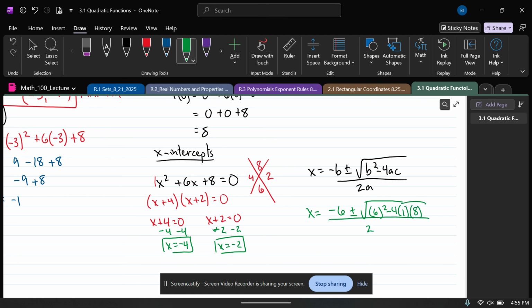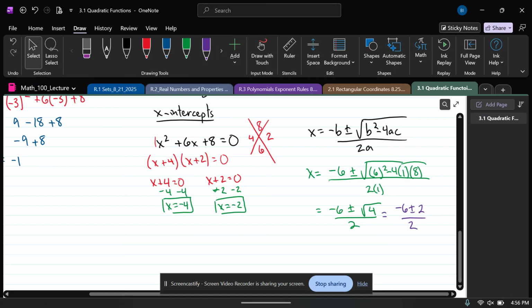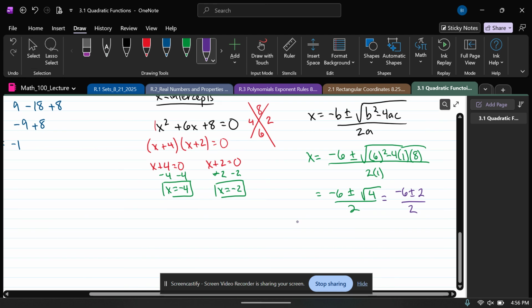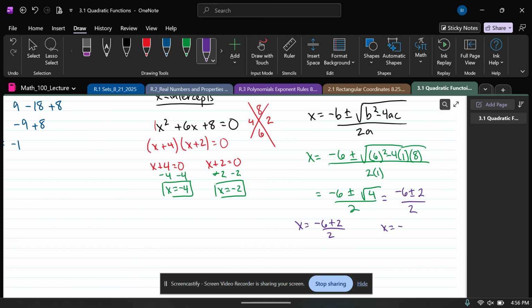over 2 times 1. So the discriminant, 6 squared is 36, minus 32 is 4, so I have -6 plus or minus the square root of 4 over 2. And that works out to be -6 plus or minus 2 over 2. -6 plus 2 divided by 2. -6 minus 2 divided by 2.